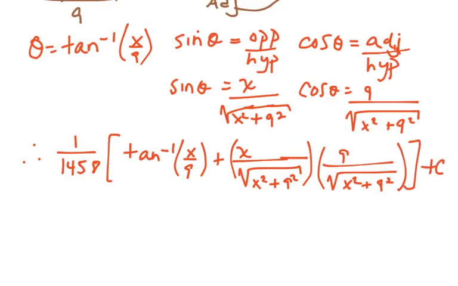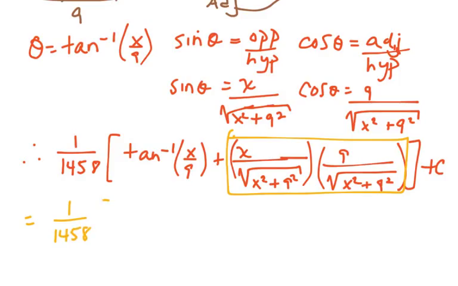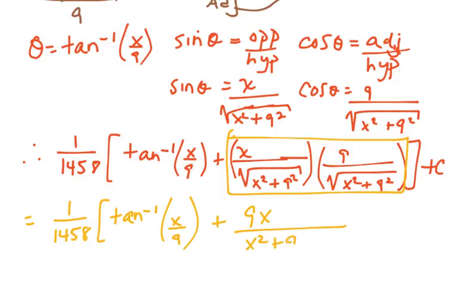So I can do a little bit of algebra right here on this piece, and I'm going to clean that up and then call it a day. So the answer here is 1 over 1458 times tangent inverse x over 9 plus 9x over the radical times the radical. You're going to be left with x squared plus 9 squared, plus the constant. And that's your answer to this problem.